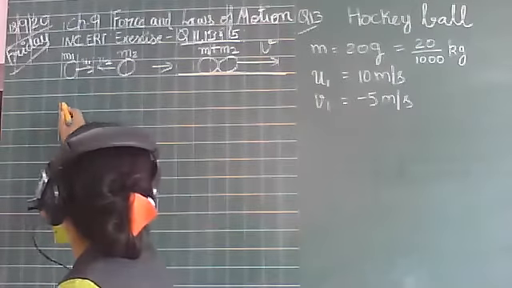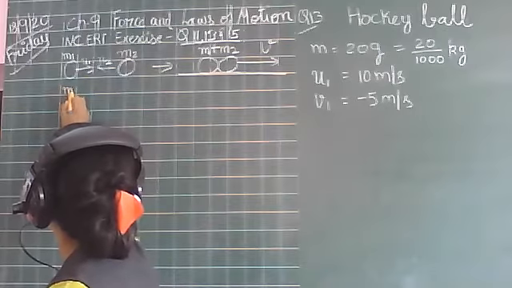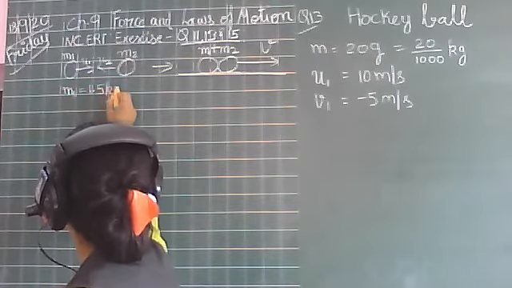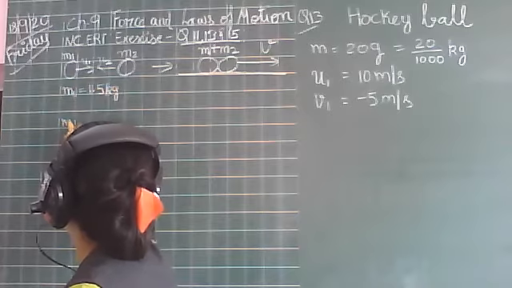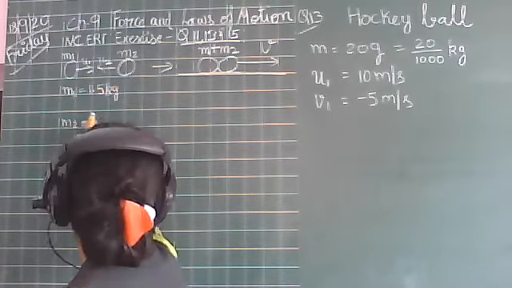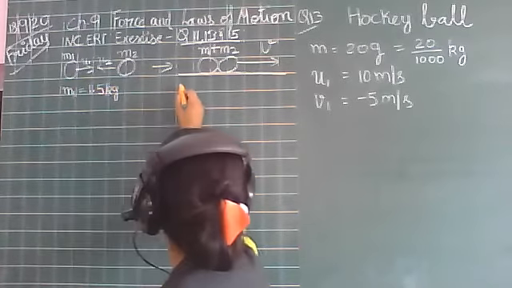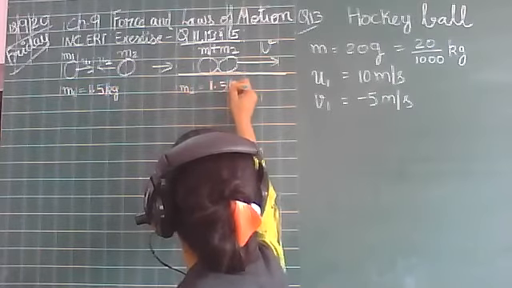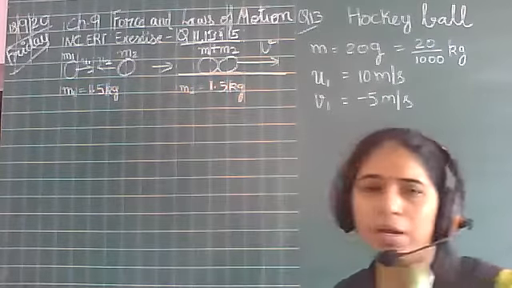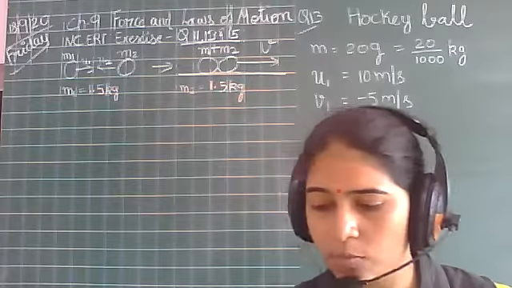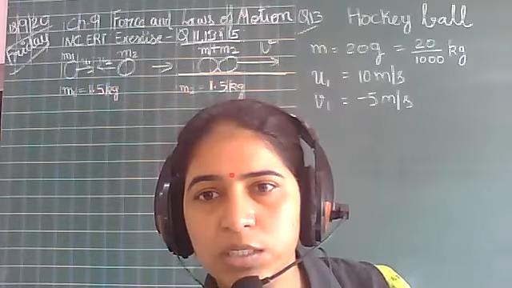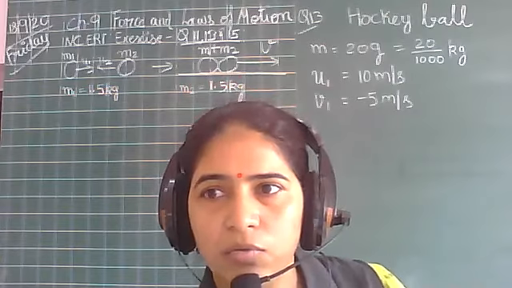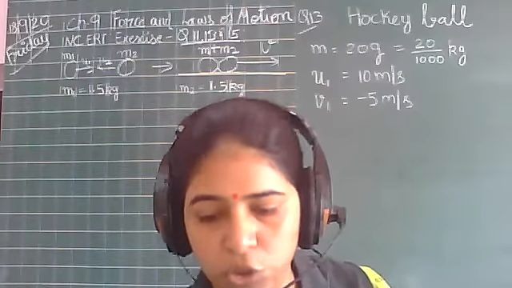So I can write M1 as 1.5 kg. Similarly, M2 is also 1.5 kg. So the masses of the two objects are same, right? So their masses are 1.5 kg each.